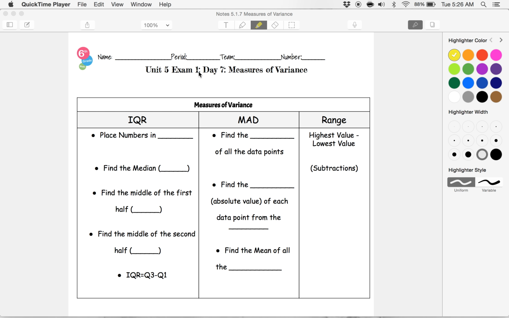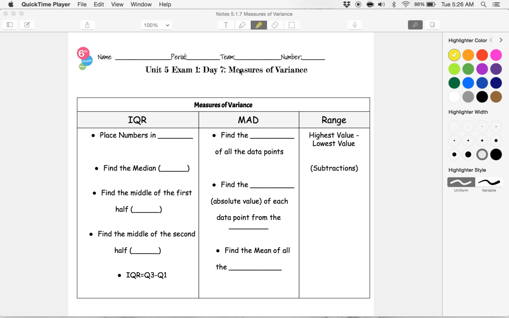Everybody, so today we're going to start talking about something called measures of variance. Last week we talked about measures of center, the different ways that we could look at the middle or the center of the data.